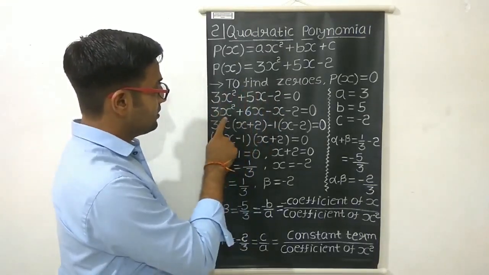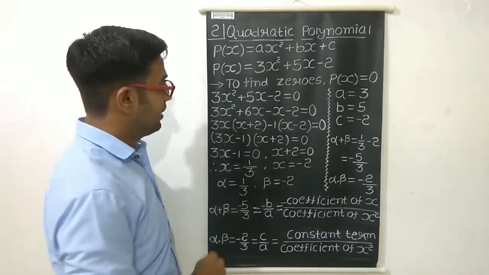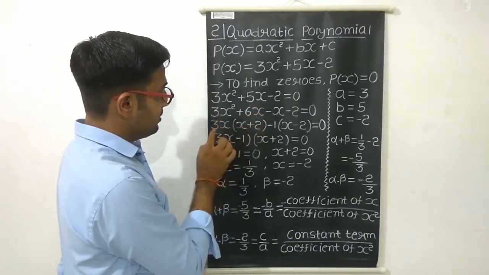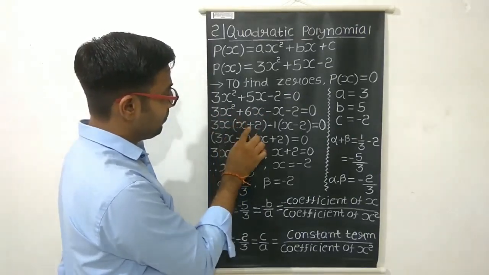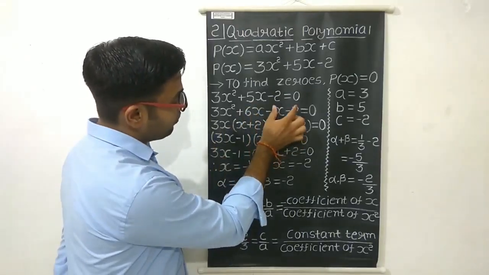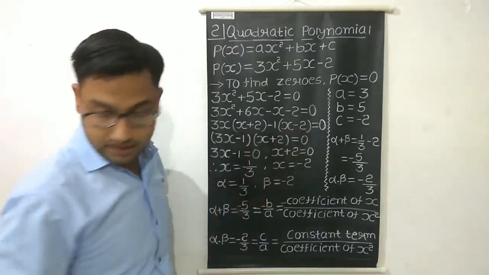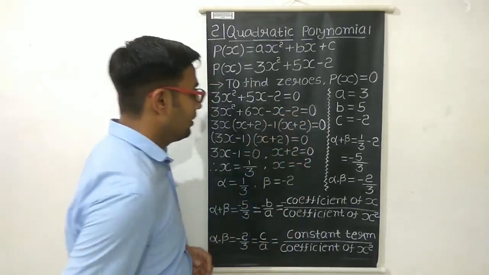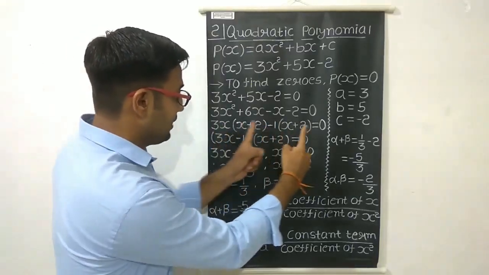So we can write 3x square plus 6x minus x minus 2 equals 0. By taking 3x as common from the first two terms, what remains is x plus 2. From the other two terms, we take minus 1 as common, and what remains in the bracket is x plus 2. So x plus 2 is again common in the first term and the second term.